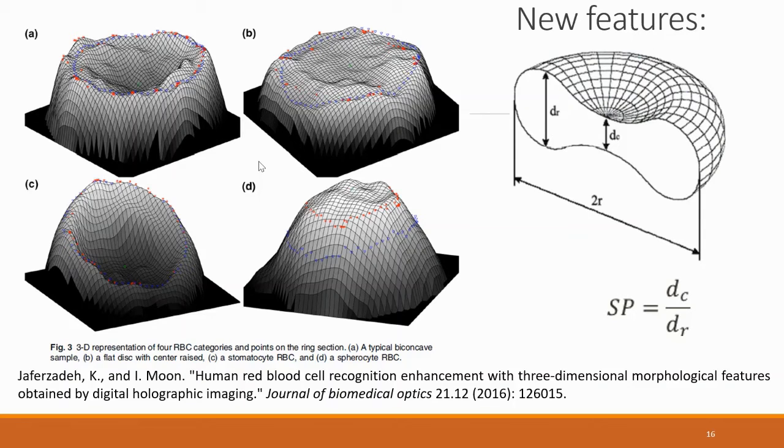Then by binarization and using a mask, we convert it to a binary mask, where the background is black and the area of the cell becomes white. Then we find a circle which can cover this red blood cell, and we find the center, or we find this DR, which is the thickness on the ring.